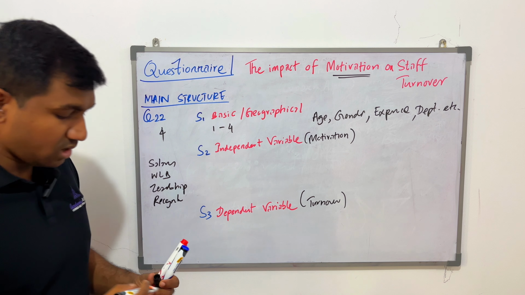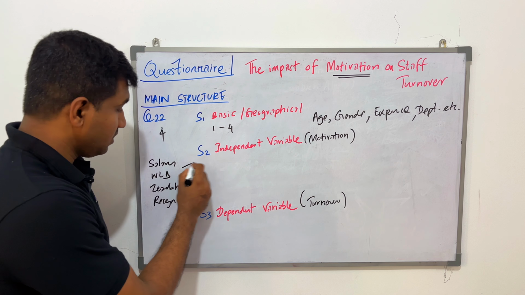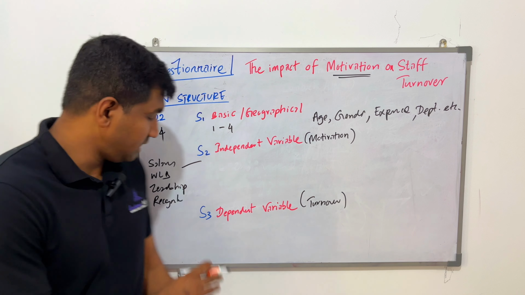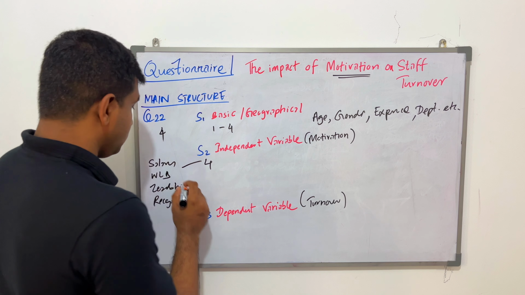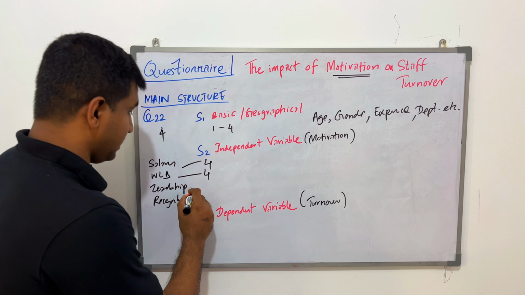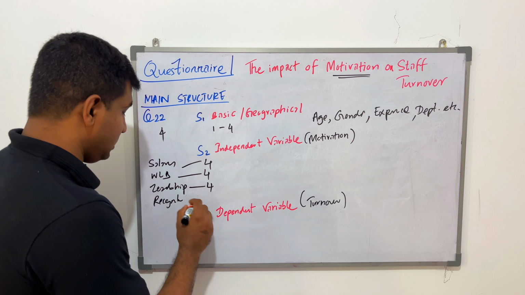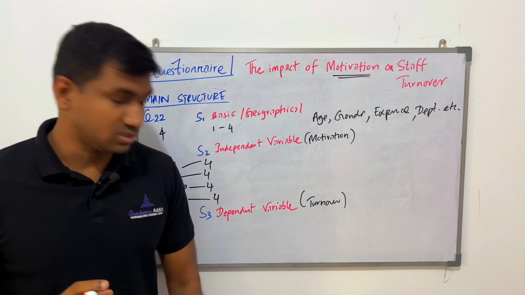Yeah, so these four are attributes. Now, I want you to pick four questions each for these attributes. So, four questions based on salary, four questions based on work-life balance, four questions based on leadership, and four questions based on recognition, right?